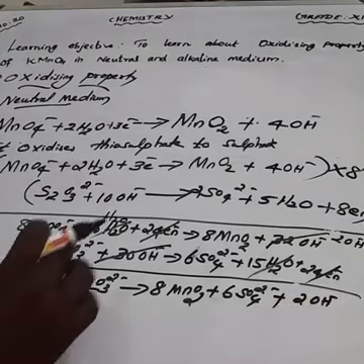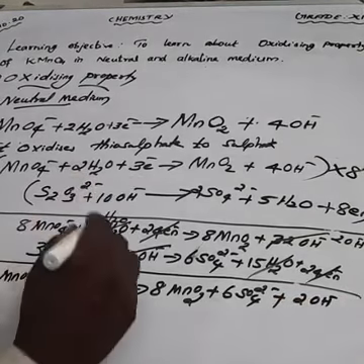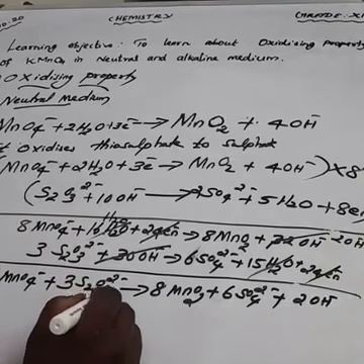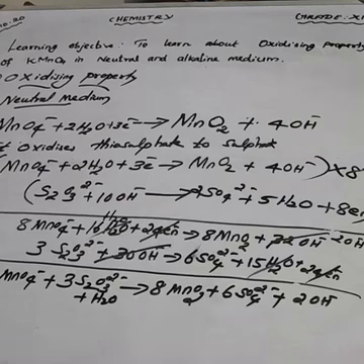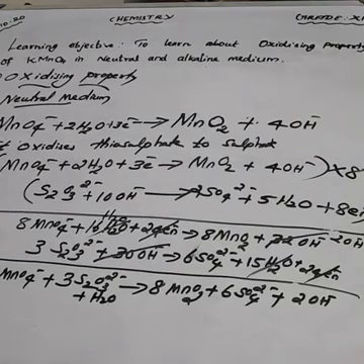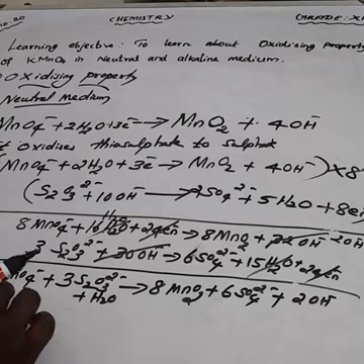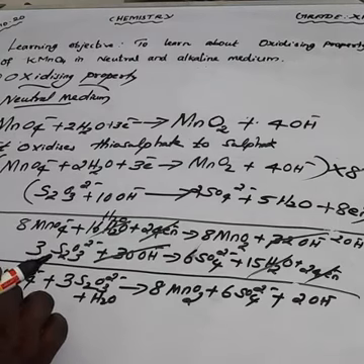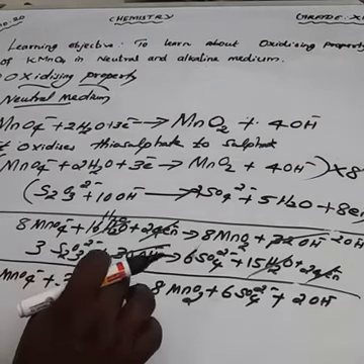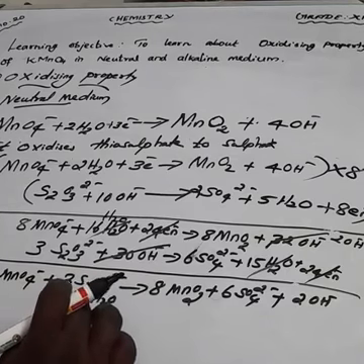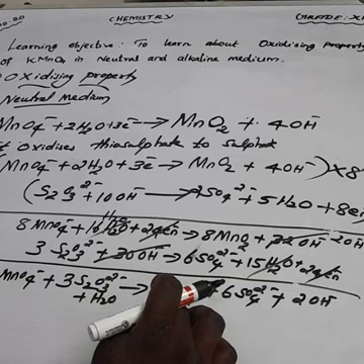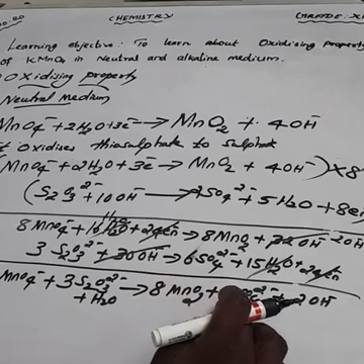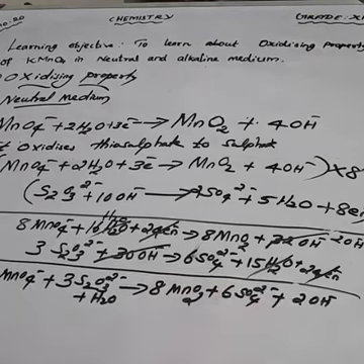Here also having 1 more piece of water, which should be written also. This is the overall reaction. Once again: 8 MnO4 minus ion, 3 S2O3 2 minus ion, plus 1 molecule of water gives 8 MnO2 plus 6 SO4 2 minus plus 2 OH minus ion.